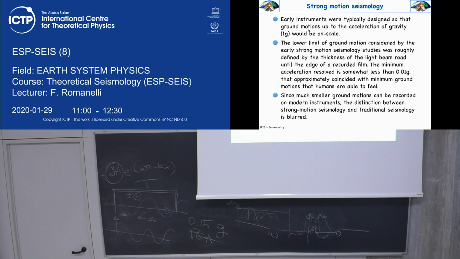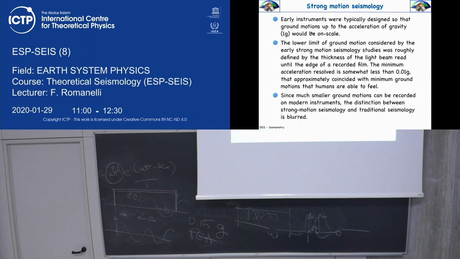How much is strong physically? That's not easy, but at the beginning of strong motion seismology, everything was related to 1G. Now, what is the upper limit for accelerometers? Okay, it's, let's say, 1G. What is the lower limit? Well, that was connected to the instruments able to record something that was felt by humans. And it was around 0.01G.